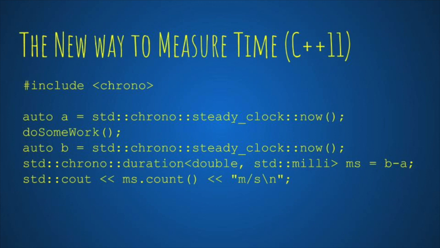And then there's also a C++ type that you want to pick. Basically, the only two are floating points and integers. In this example, I pick a floating point. There are other ways to do it with integers. And you just count the duration, and there you have it. It's your new way to measure performance in C++11.